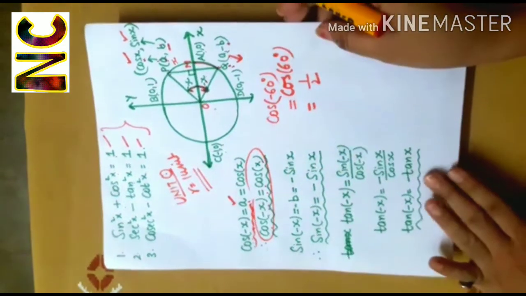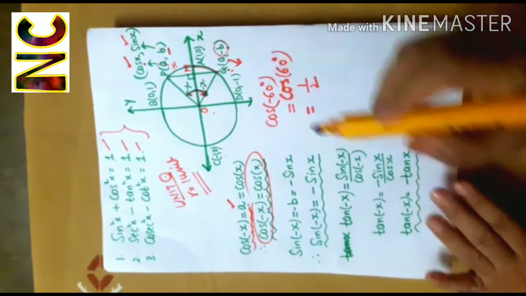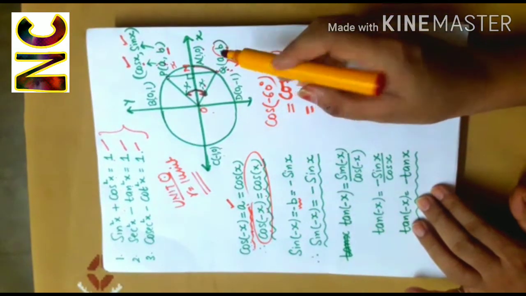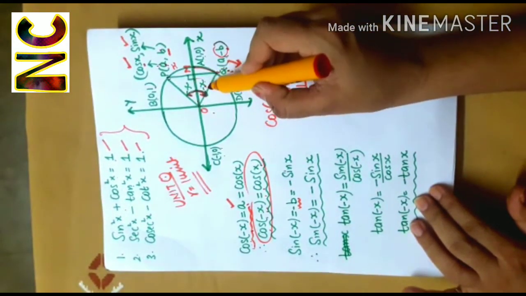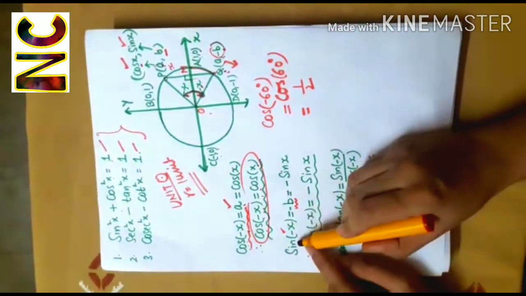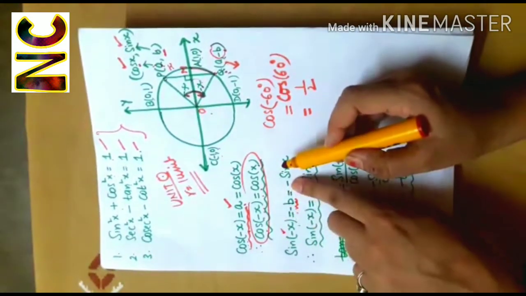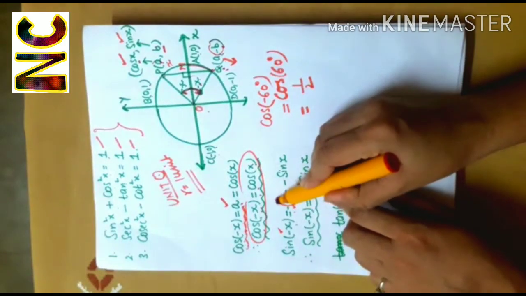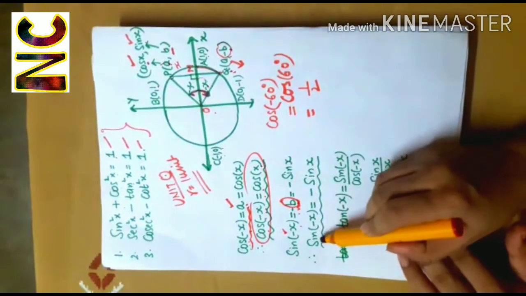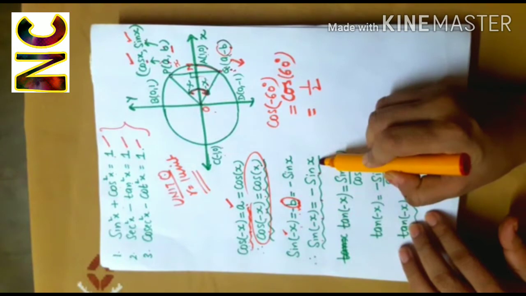Now similarly, the y coordinate of the point Q, that is minus b, will be equal to the sine of this angle, that is sine of minus x. So sine of minus x is equal to minus b. This negative sign as it is. Now what is b equal to? b is equal to sine x. So I'll get sine of minus x is equal to minus sine x.